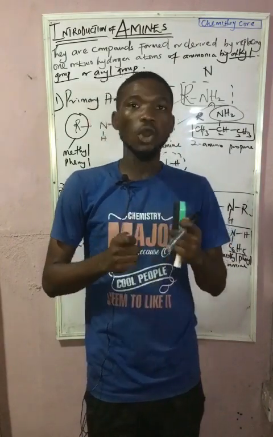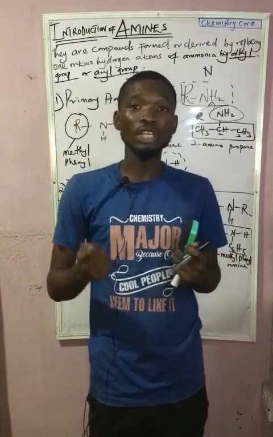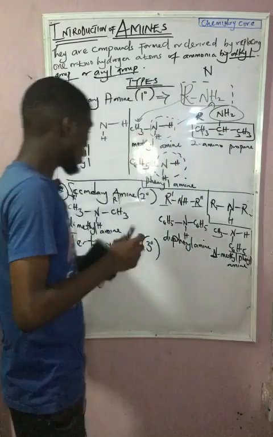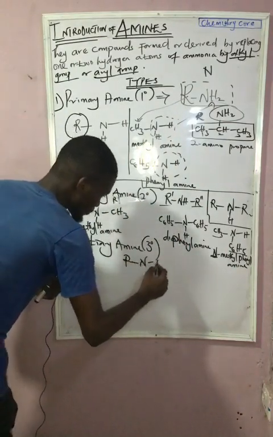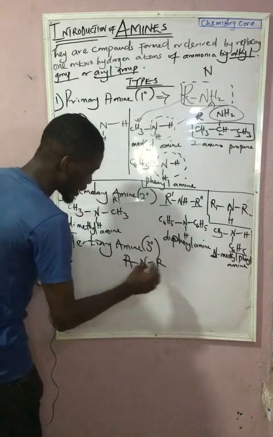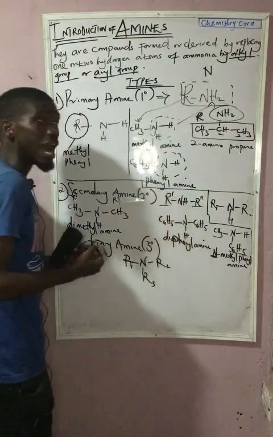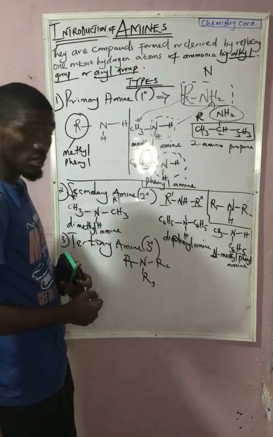Again, it involves the replacement of all hydrogen atoms of ammonia by alkyl groups. So the formula goes thus. Let's call this R1, R2, and R3, the family of alkyl groups. Are you with me now?